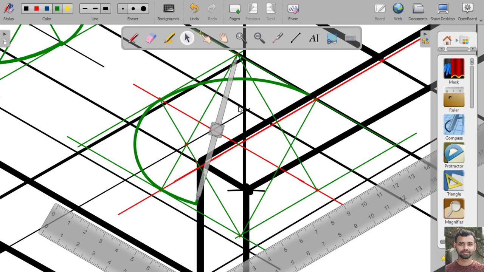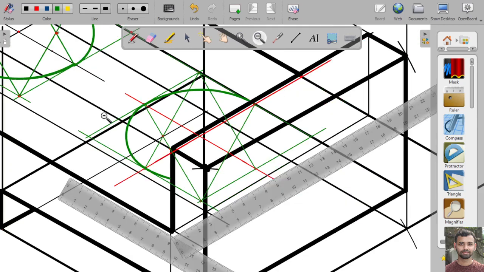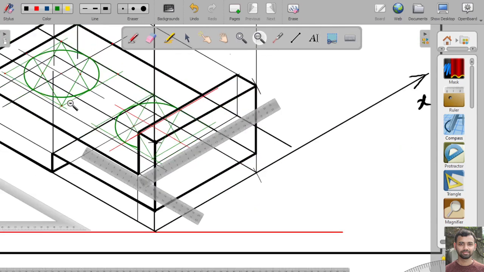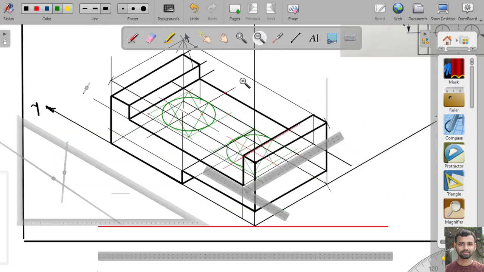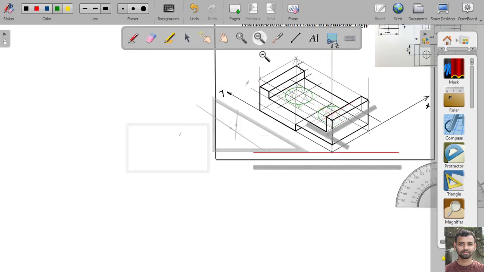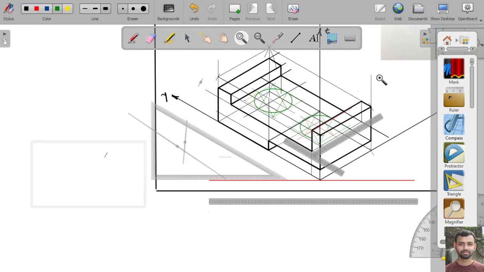Okay, so these will be the visible portion. Rest of the parts are not visible. So we will not draw that portion. Okay, so this is the portion. So I hope no portion is left.